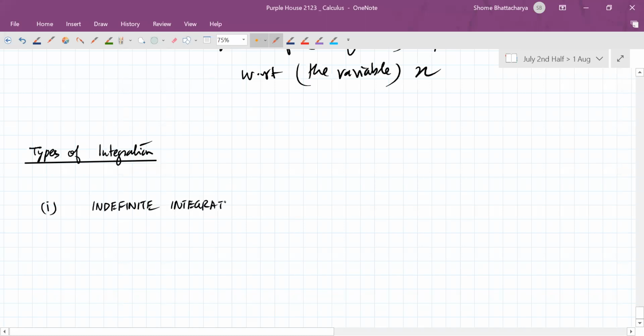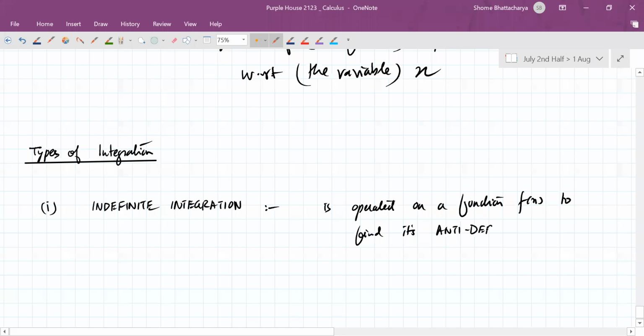So the purpose of indefinite integration is, operated on a function, let's say f(x), to find something called its antiderivative. Every function has something called an antiderivative, which we usually write with the symbol I(x).